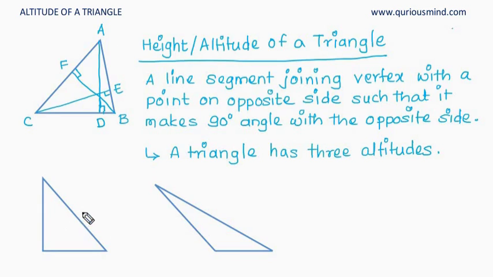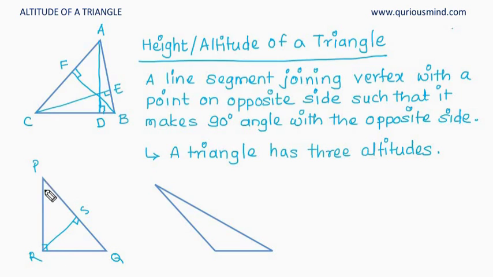Now in this case, if we consider, let's say, PQ as the base, then we have altitude RS, which is inside the triangle. Now if RQ is the base, then from P we need to draw a line segment which makes a 90-degree angle with RQ. But we already have PR which makes a 90-degree angle with RQ, the side opposite to it.